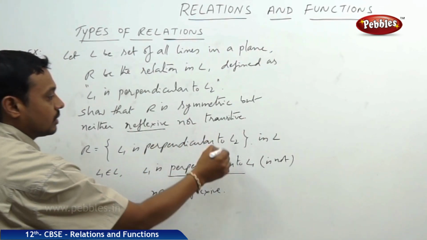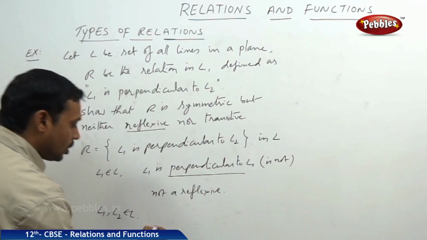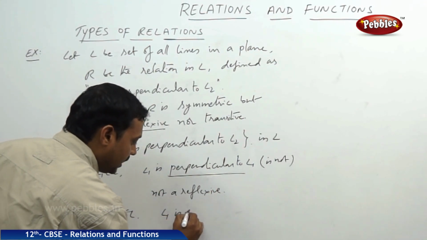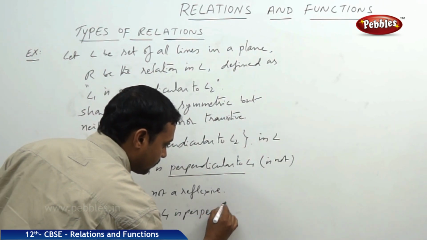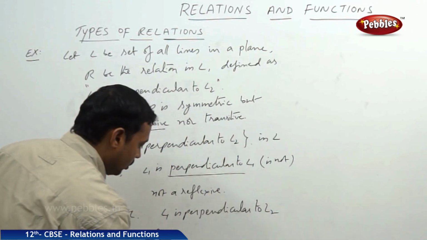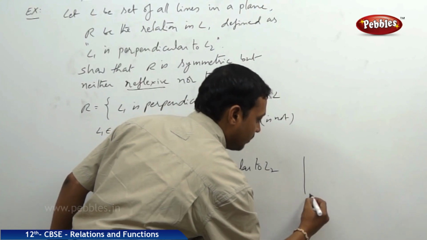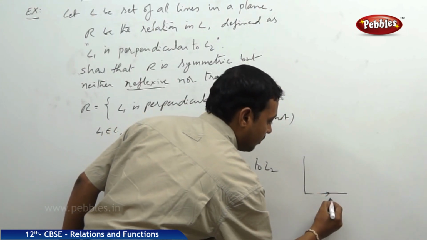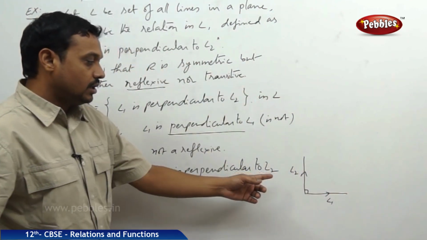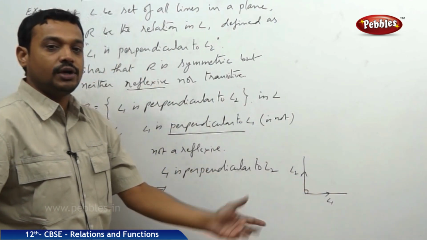Next, consider two lines L1 and L2 belonging to L. Now, consider the relation R such that L1 is perpendicular to L2. Let us take L1 and L2 like this. L1 is perpendicular to L2. Geometrically, when L1 is perpendicular to L2, L2 is also perpendicular to L1.